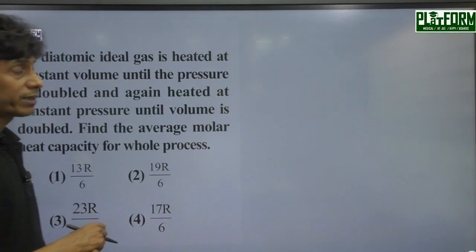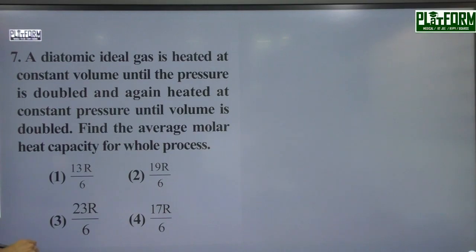A diatomic ideal gas is heated at constant volume until the pressure is doubled.